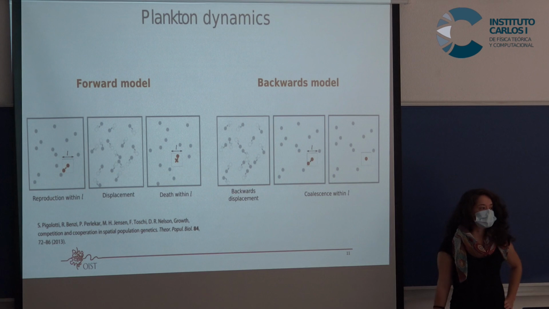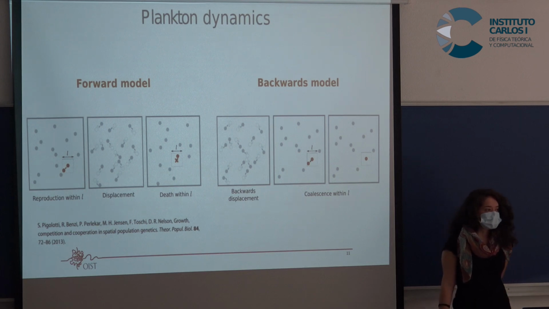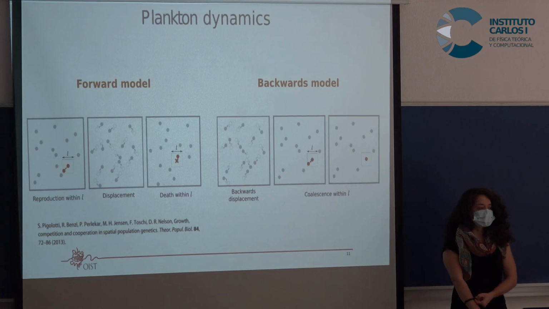Imagine the population is on a lattice, to make it simple, and half of the population is plus and half is minus. If you run the forward dynamics, a lot of time is lost, because you are looking at people around you who have the same opinion. Here in the dynamics of plankton, the area around you is typically very similar to you. So the simulations are extraordinarily slow. The only dynamics happens at the interface.